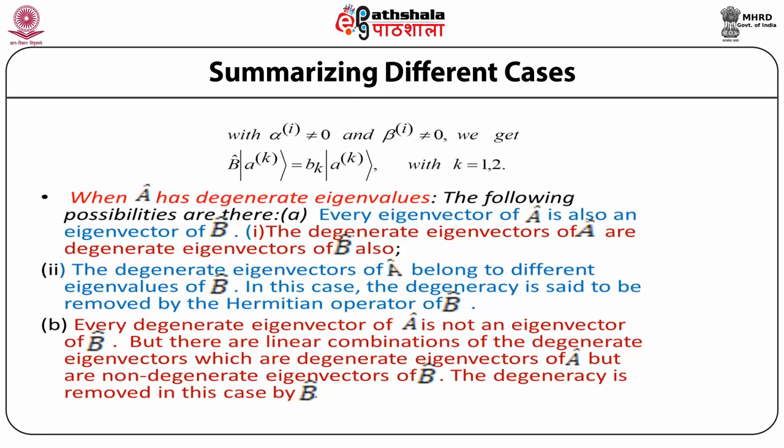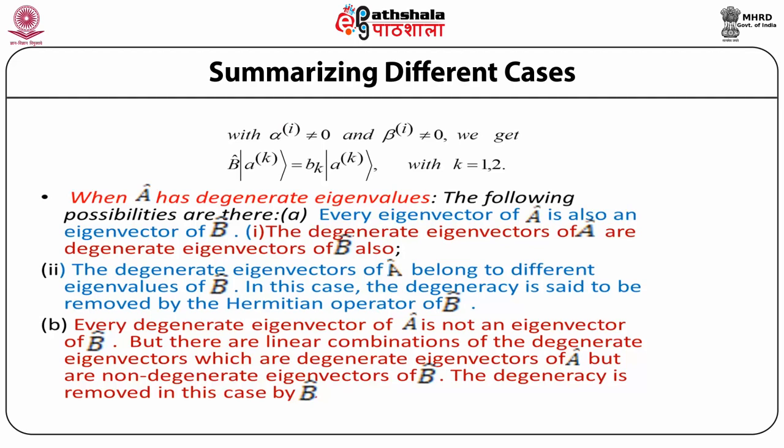When operator A has degenerate eigenvalues, then we see that there are the following possibilities. A: every eigenvector of operator A is also an eigenvector of operator B. So here we have a further 2 points.